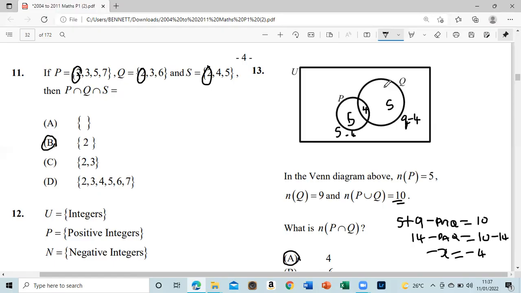So 5 and this and 9. All right, so it's 4.